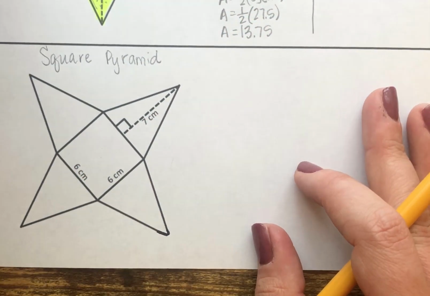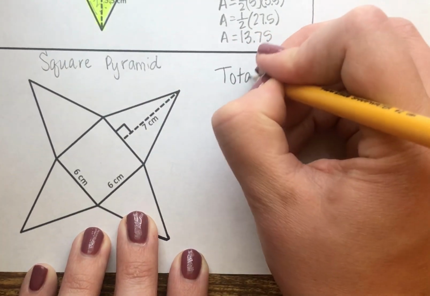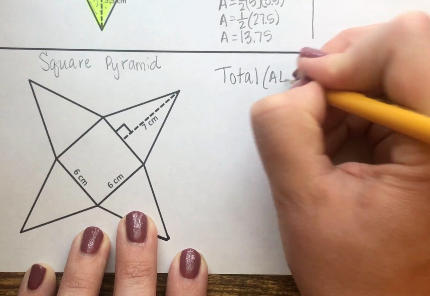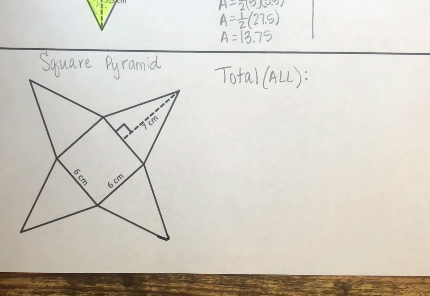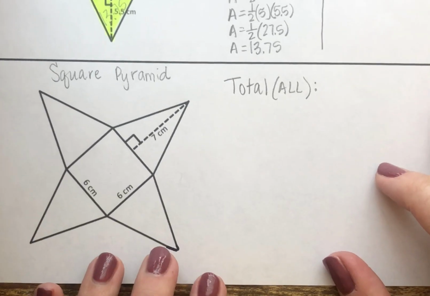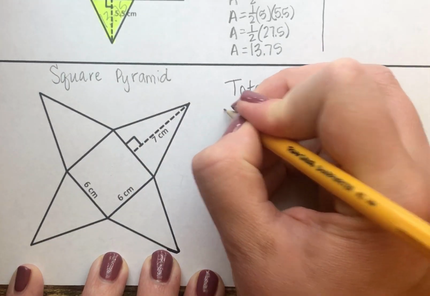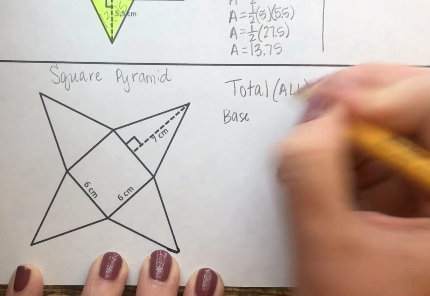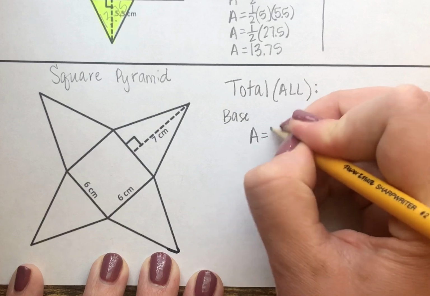That's what tells us that this is going to be a pyramid. So let's do total first. Remember, total just means all. So if we're finding the total surface area here, let's go ahead and find the area of this base.